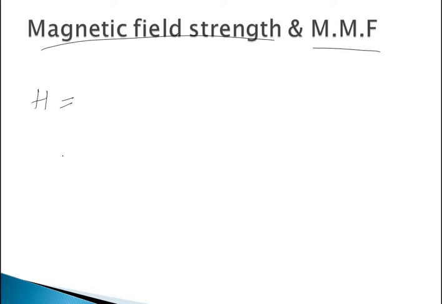If the value of magnetic field strength, H, is greater, we can say your magnetic field is stronger. If the value of H is less or minimum, we can say your magnetic field is on the weaker side. So this is known as magnetic field strength.